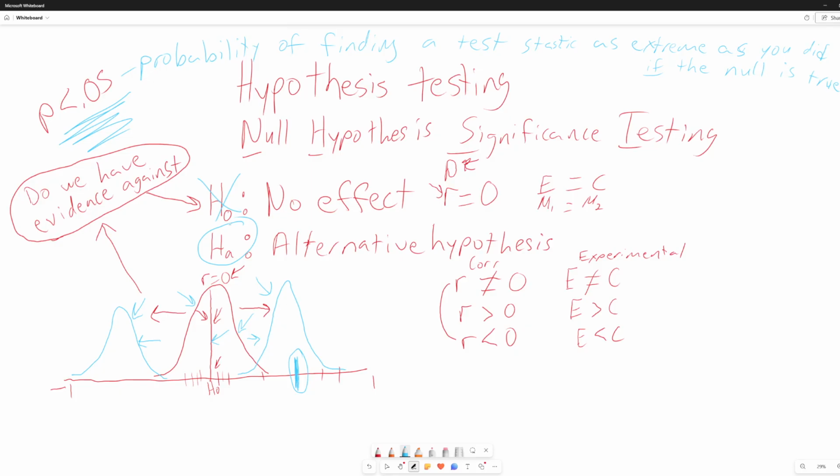We say, I would reject the null hypothesis and say that there is a positive correlation. Or I would reject the null hypothesis and say that I found a negative correlation. This is saying that we have evidence against there being no effect. And I know that's a little bit of a double negative going on there, so I'll say it again. When we find a significant effect, we are saying that we have evidence against the null hypothesis being true.